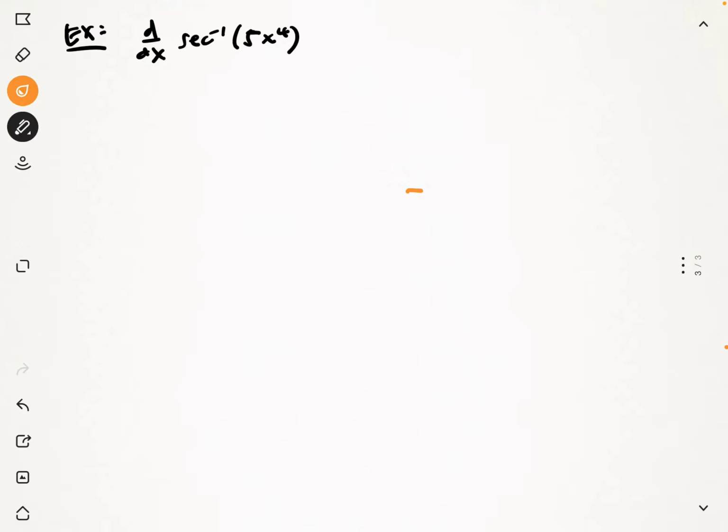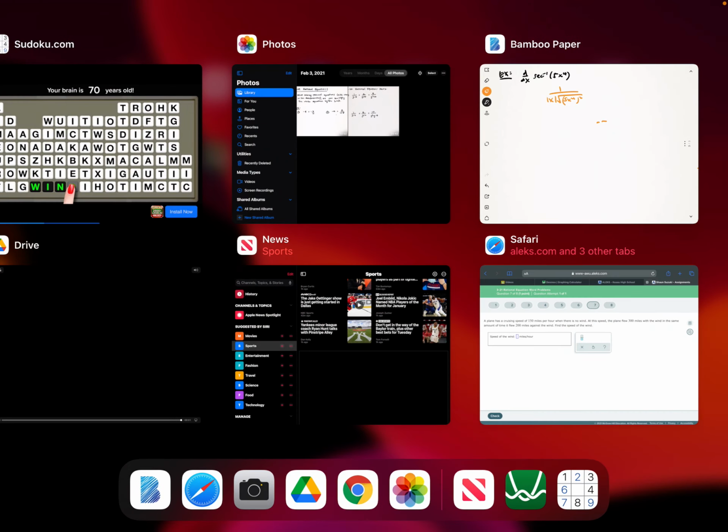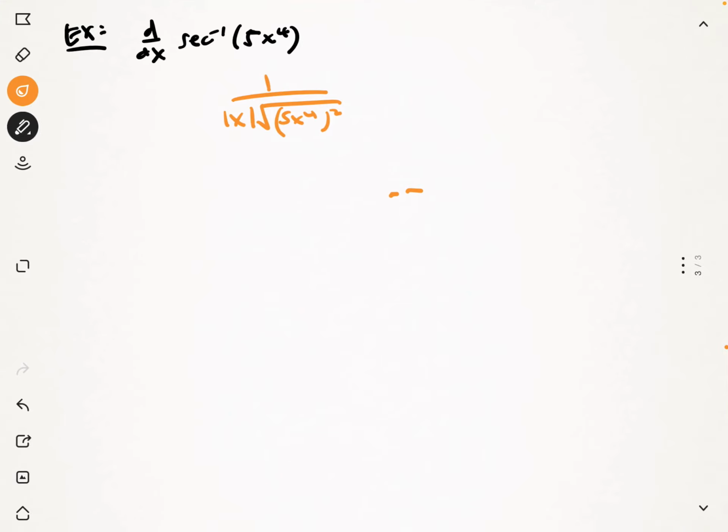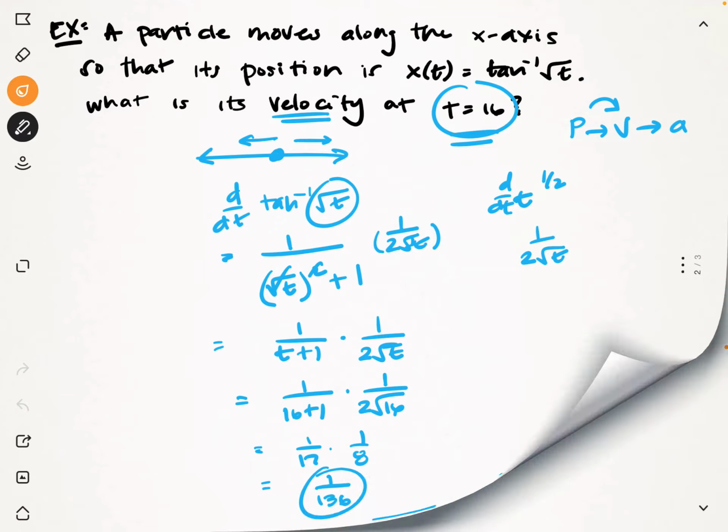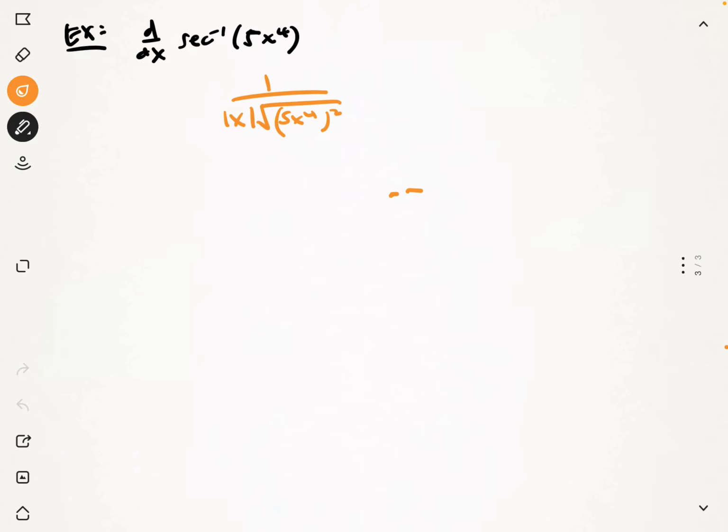So this is going to be 1 over the absolute value of x times the square root of 5x to the 4th squared minus 1. Okay, and we also have to make sure that we chain it. So the derivative of our inside, 5x to the 4th, is going to be 20x cubed.